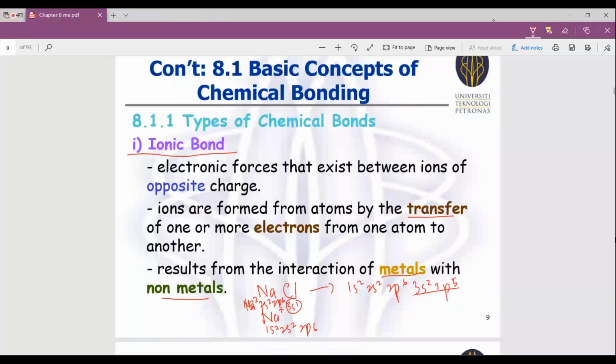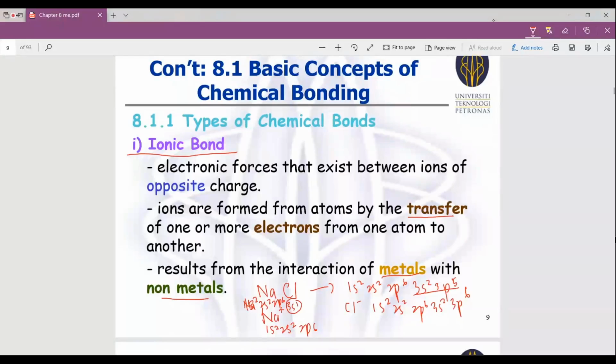So that is the valence electron configuration for the Cl atom, while Cl- is 1s2 2s2 2p6 3s2 3p6, because it accepts one electron and achieves a stable Cl- configuration.